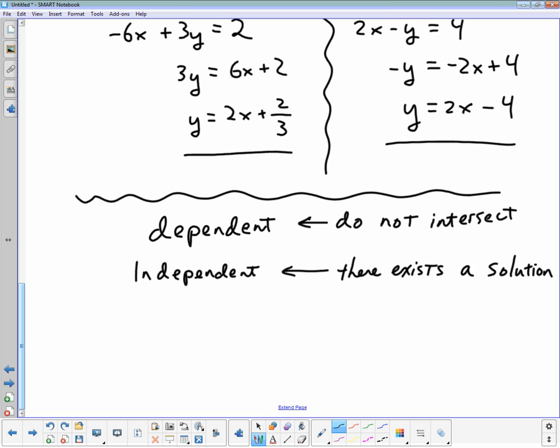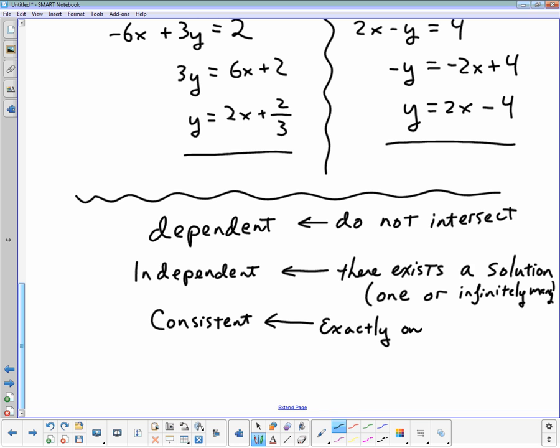And consistent. No, I shouldn't. I'm gonna save this word. Infinitely many.